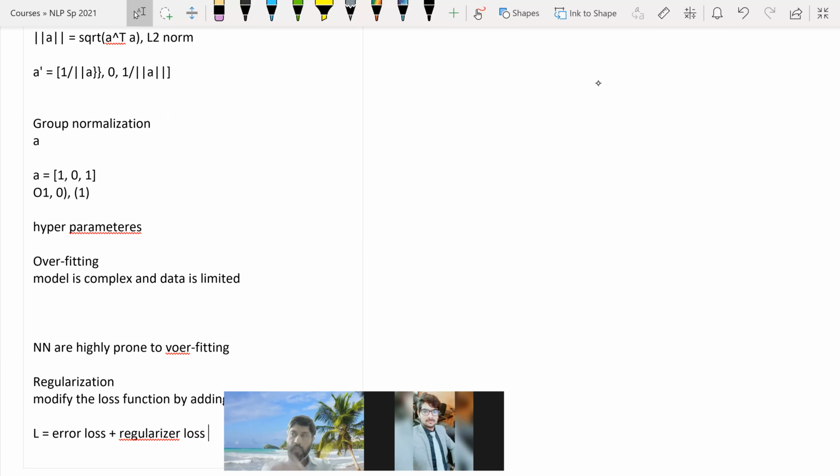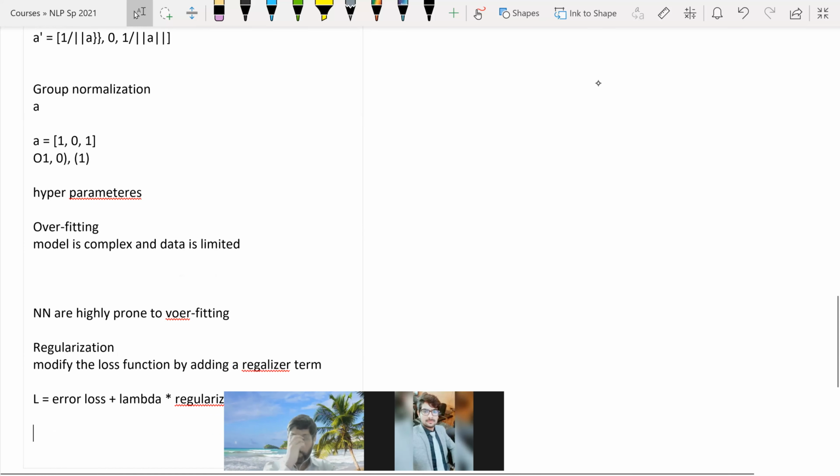To control the interplay between the two of them, we have a scalar parameter lambda. And of course, this lambda is again a hyperparameter. The regularizer term, let's say R, is a function of the parameters W's and B, and it usually increases with the increase in the absolute values of W and B.